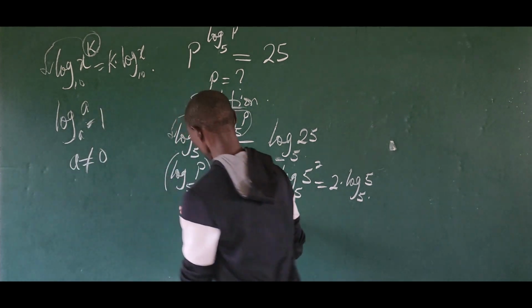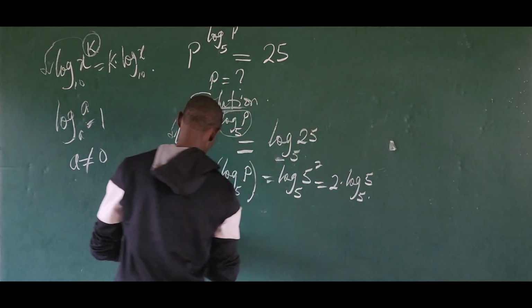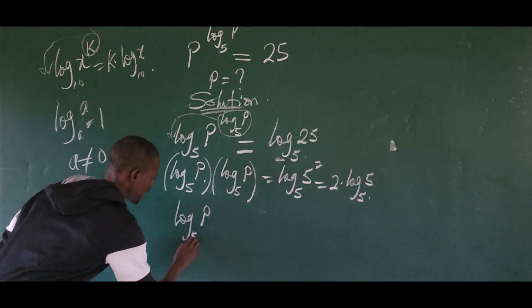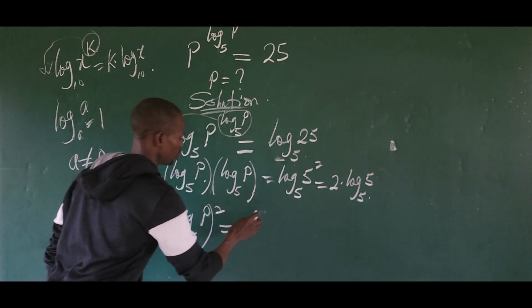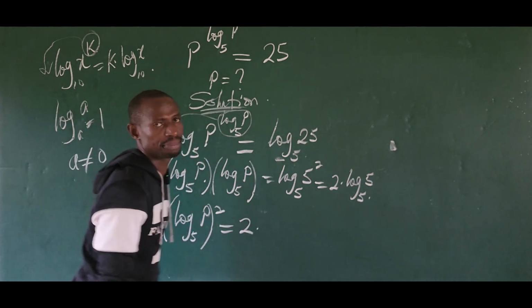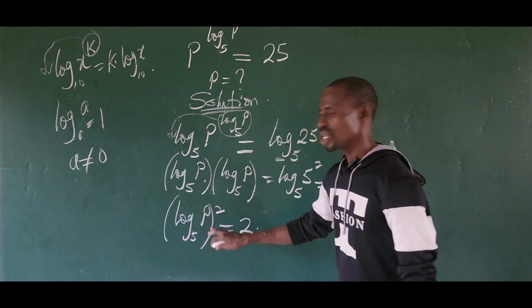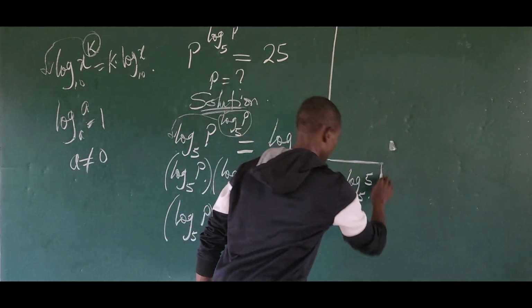Now what we have inside this bracket, they are the same. So we can rewrite this as log p base 5, all raised to the power of 2, equal to 2. Wow. So what do we do here? We just have to take the square root of both sides to eliminate this. So let's take the square root of both sides of this expression.